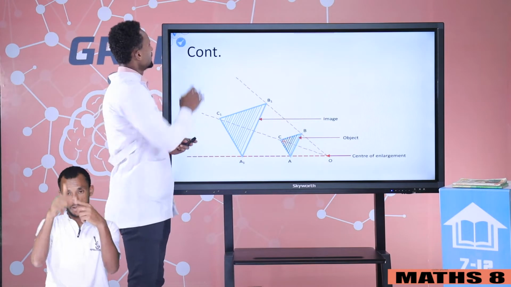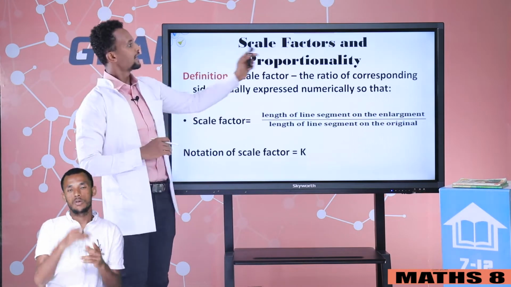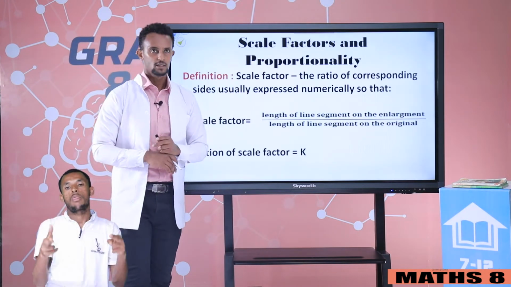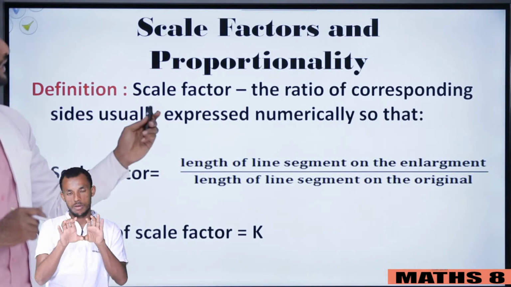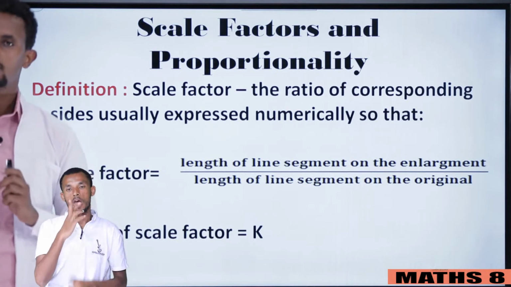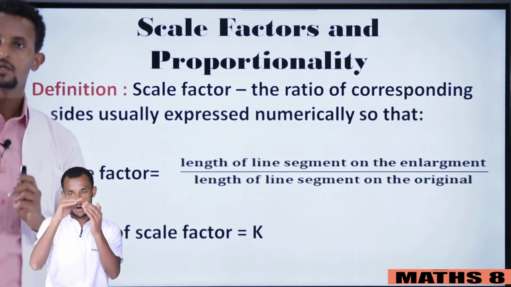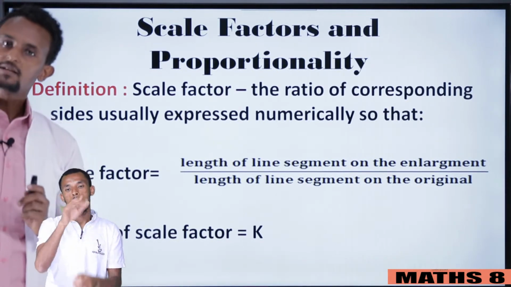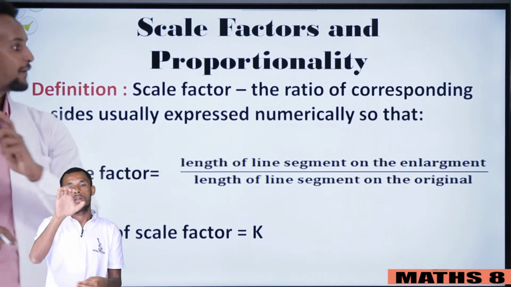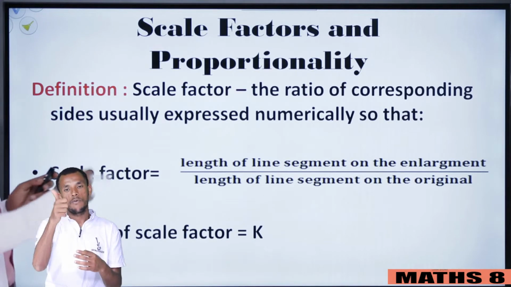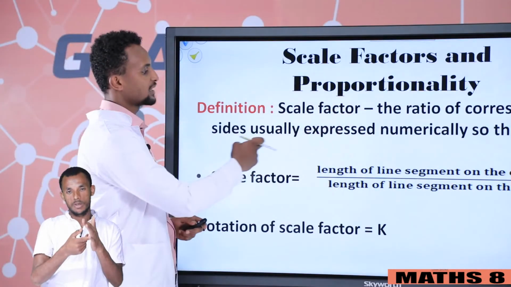So, let's go to the next concept, the scale factor and proportionality. A scale factor means, as we defined before, the sides are either increasing or decreasing with the same ratio. That ratio is called the scale factor. The formal definition of the scale factor is the ratio of corresponding sides.